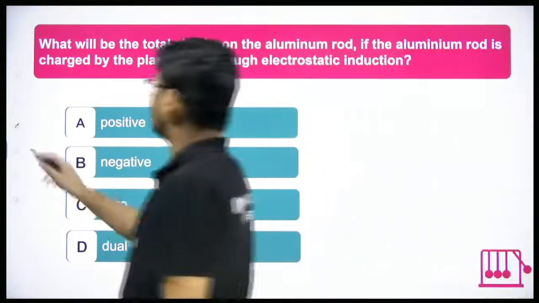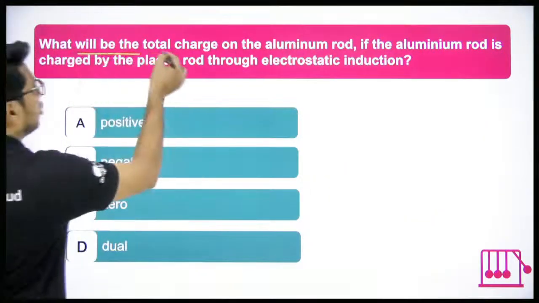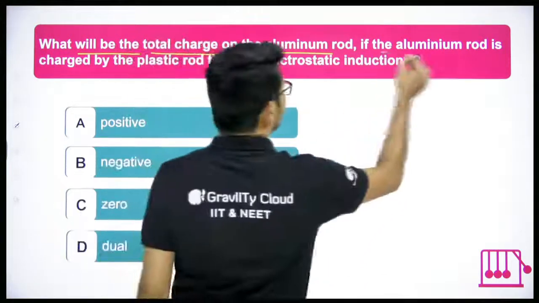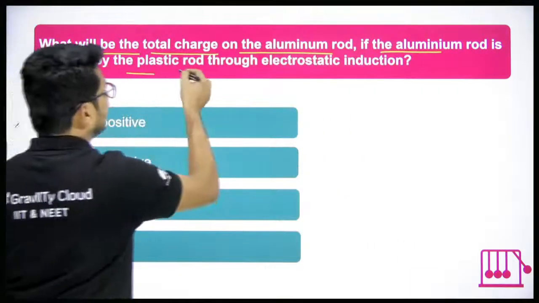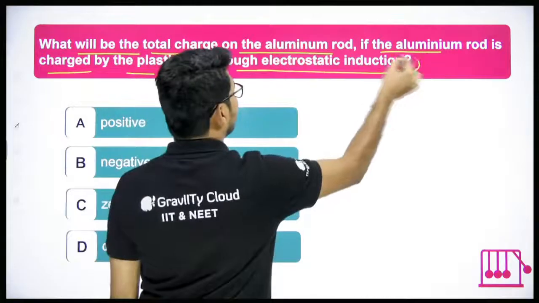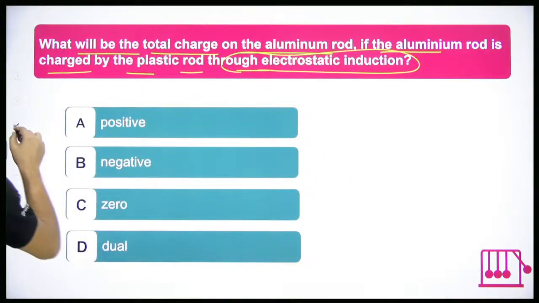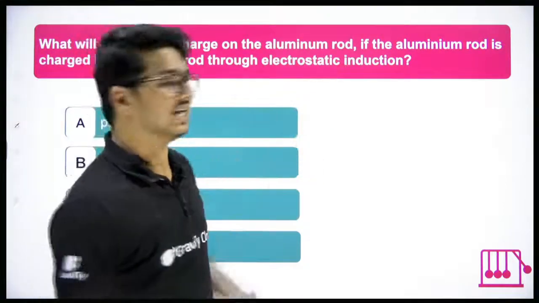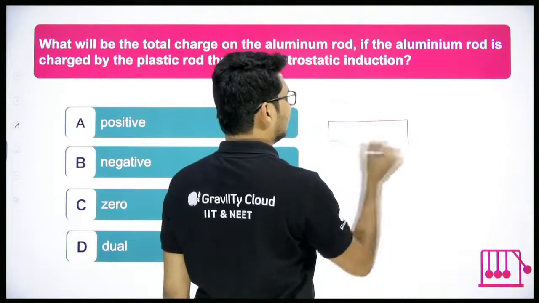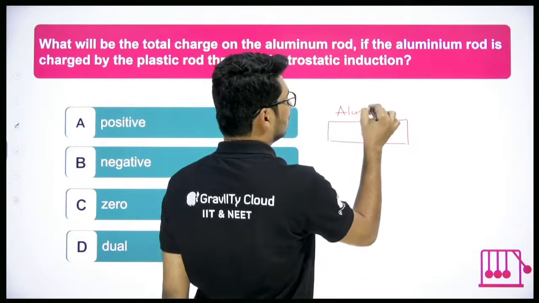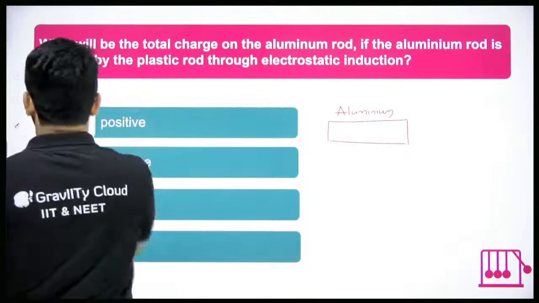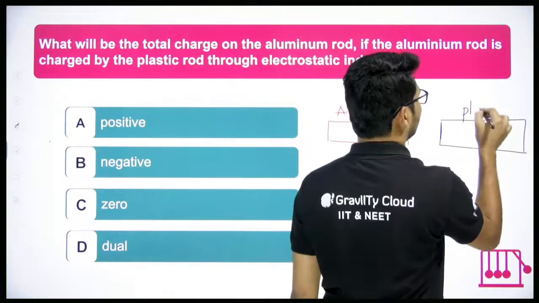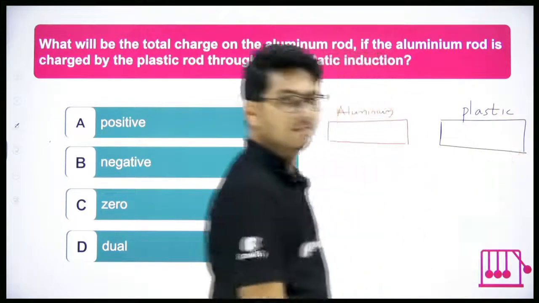Next, what will be the total charge on the aluminium rod if the aluminium rod is charged by the plastic rod through electrostatic induction? This is an interesting question. You have to imagine they are using electrostatic induction, or charging by induction. Let's say this is the aluminium rod, and this is the plastic rod.